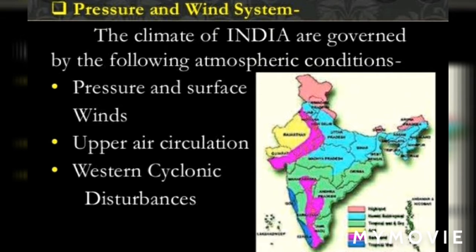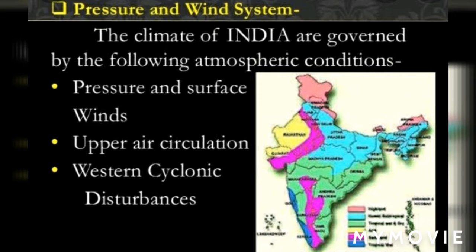Third, pressure and winds. The climate and associated weather conditions in India are governed by the following atmospheric conditions: pressure and surface winds, upper air circulation, western cyclonic disturbances, and tropical cyclones. India lies in the region of northeasterly winds.